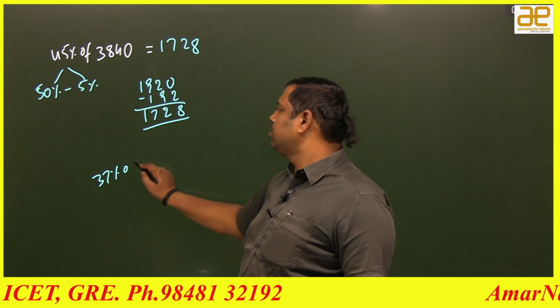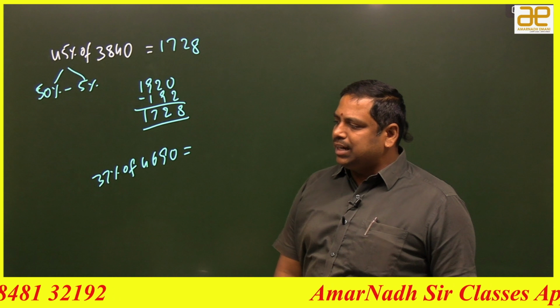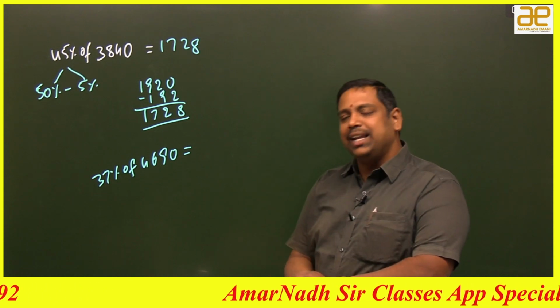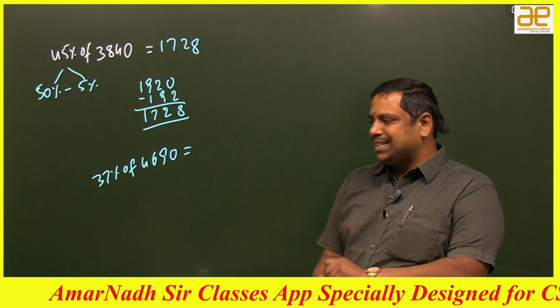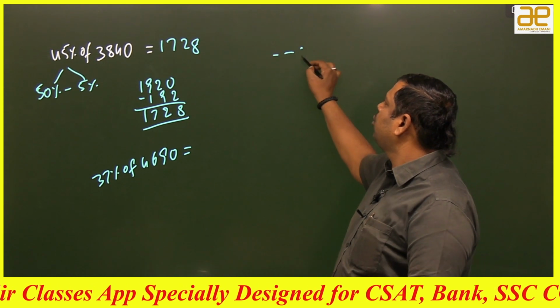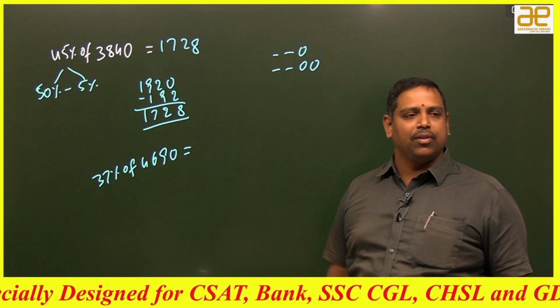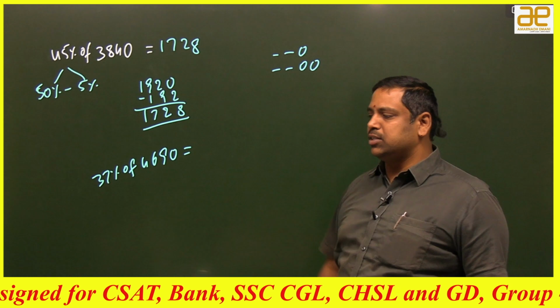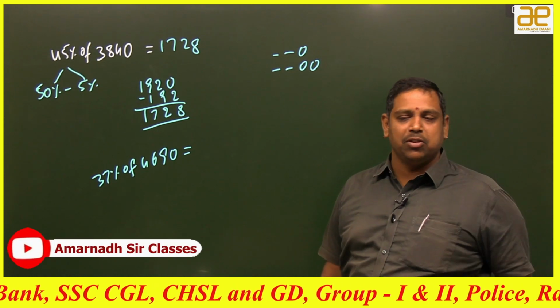37% of 4690. Okay. Now I got some clarity that you have not gone through any examination paper so far, because in the examination, I'll tell you the truth, two numbers followed by one 0, two numbers followed by two zeros, this type of numbers he will give. Really, if this type of calculations were given in the examination, you will literally cry in the examination hall.